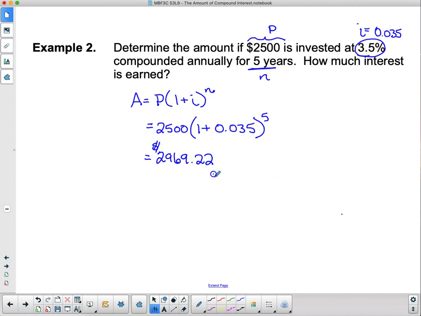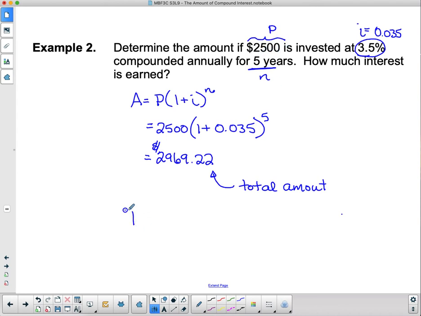Now, this is the total amount. If we want to know how much interest we earned, we have to know that 2,500 of this is actually our money to start with. Interest is only the stuff that the bank gives you, so we have to subtract off what we started with to figure out what the bank gave us.